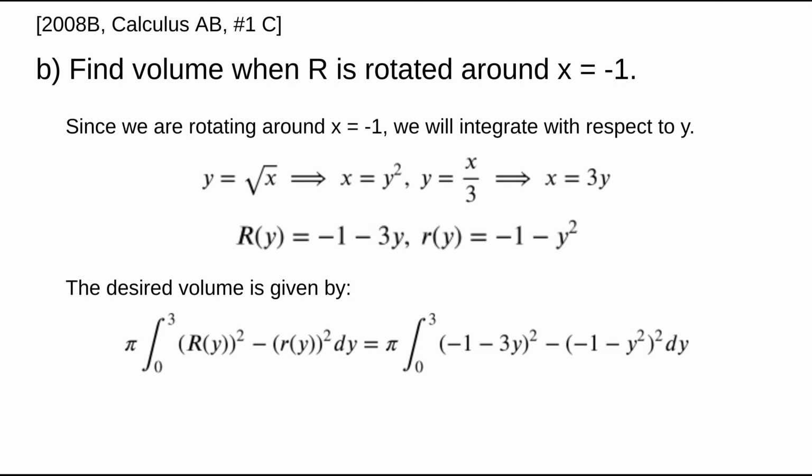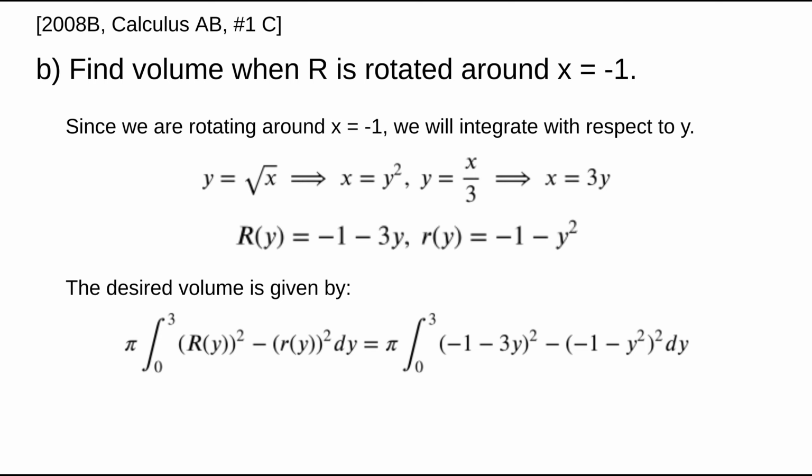Which means that the volume of this solid, when R is rotated around the vertical line x equals -1, is given by pi times the integral from 0 to 3. Notice the bounds changed because we changed to integration with respect to y.